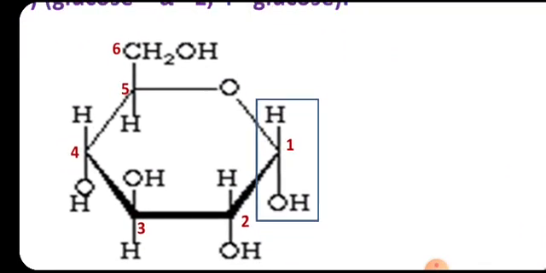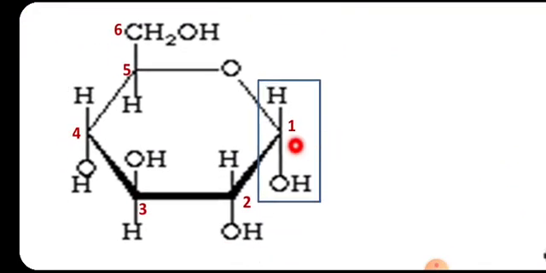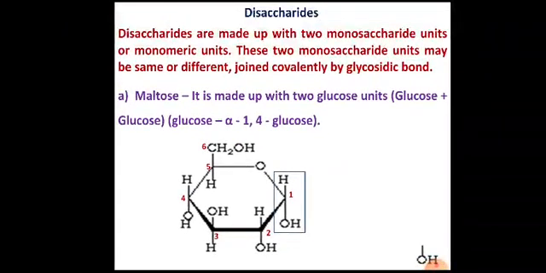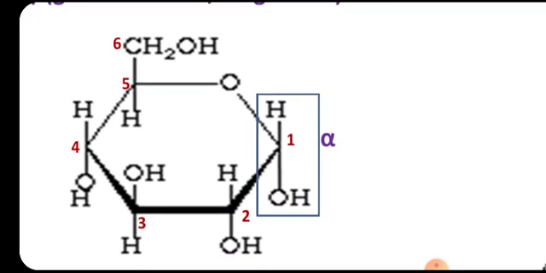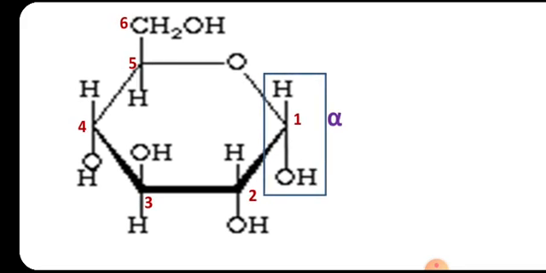Now you see the conformation around carbon number 1, meaning the position of hydrogen and hydroxyl group around carbon number 1, is HOH. This orientation of hydrogen and hydroxyl around carbon number 1, HOH, is called alpha conformation.